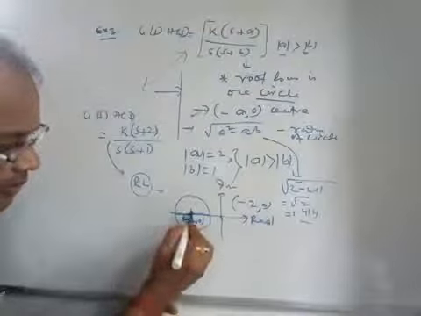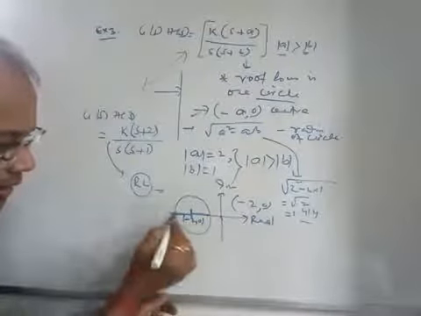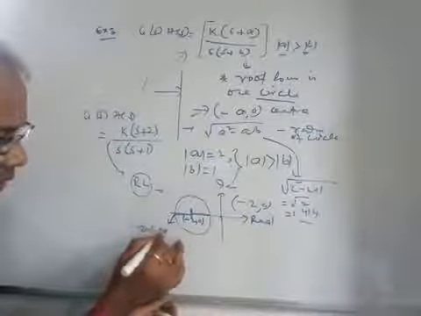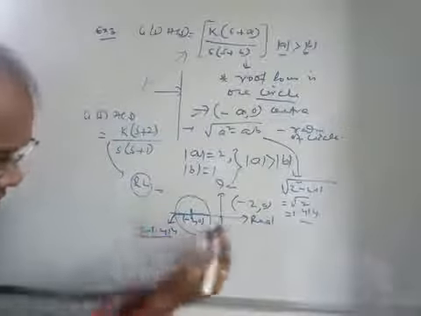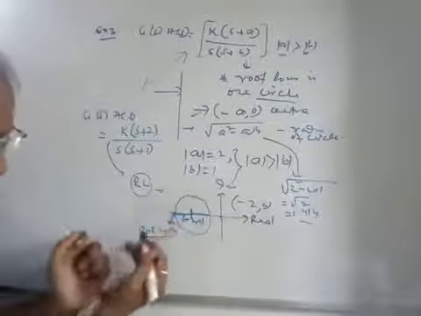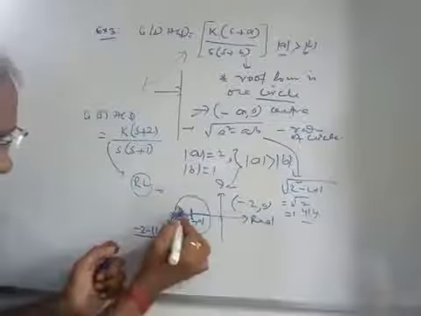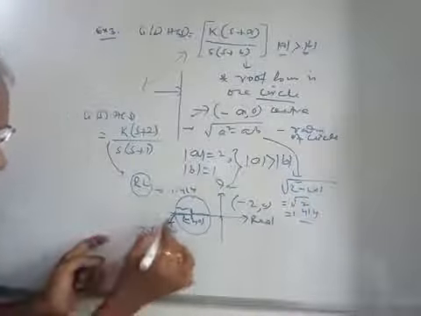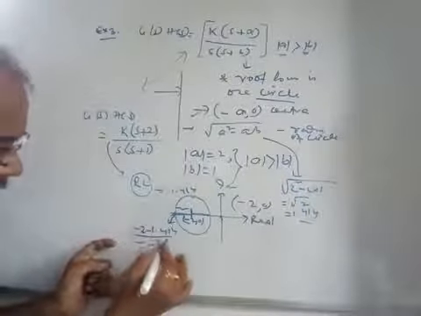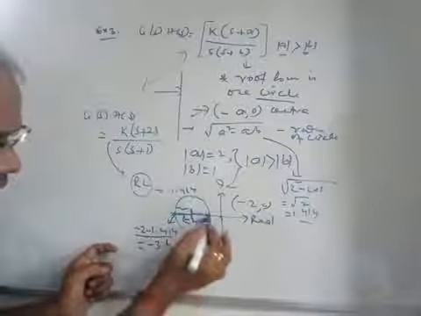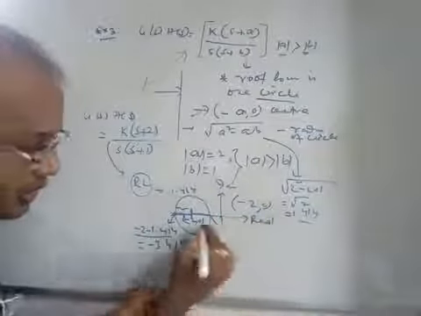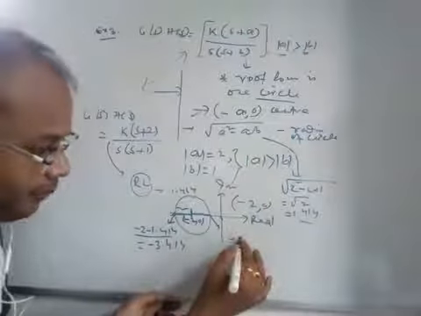So if this value is minus 2 on the axis, what is this value? This will be minus 2 minus 1.414, as this point is on the left side of minus 2, so this distance is 1.414. So this value will be minus 3.414. And what is this value? This value is on the right hand side of minus 2, so it will be greater than this.